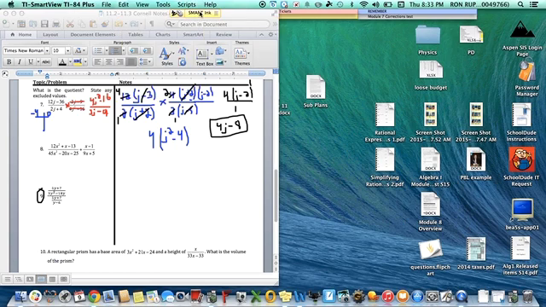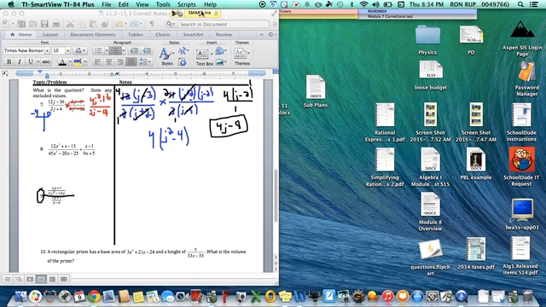Now the key to number 9 is noticing that it's the fraction 5y plus 7 over 3y squared minus 18y divided by the fraction 5y plus 7 over y minus 6. So we can set that up.